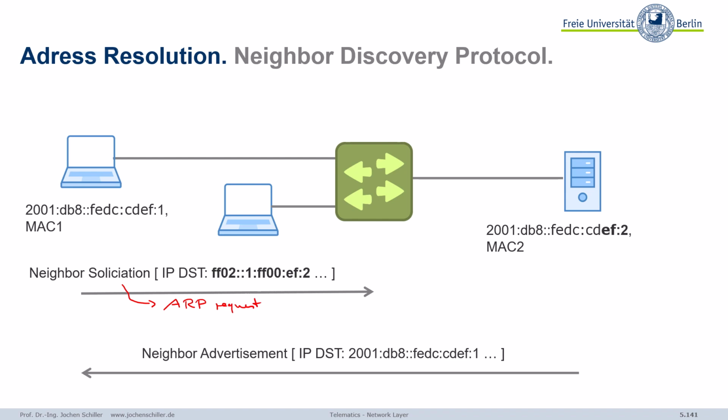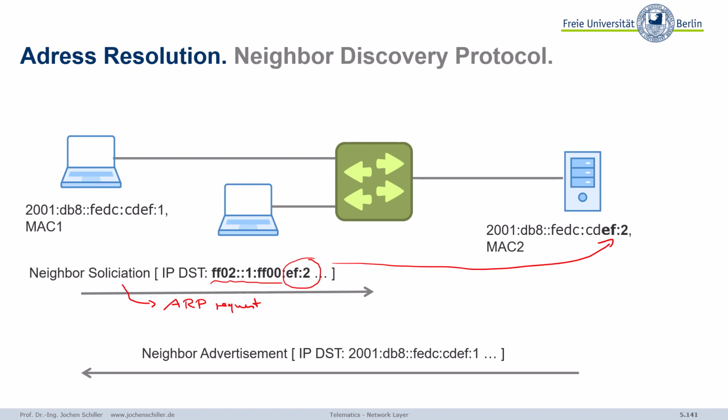And here we have a special format of the IP address I'm asking. So I know this is the IP address I'm looking at, and I will not send this complete IP address, but this is a special format here. That's for my neighbor solicitation, our ARP request.